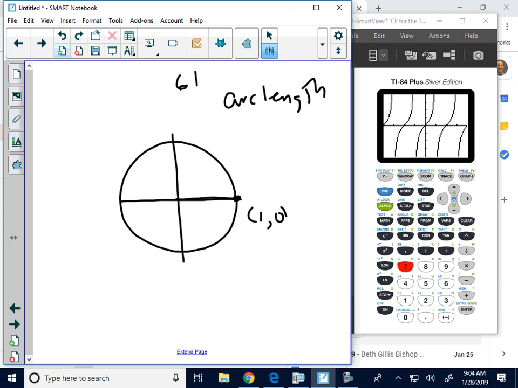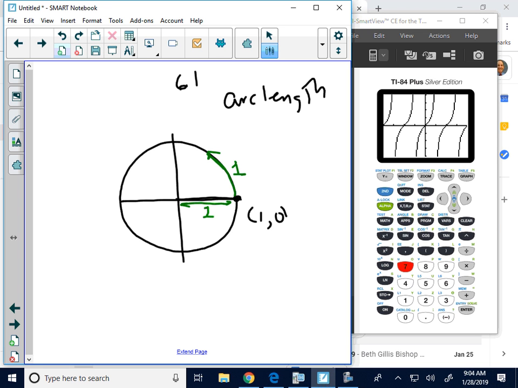This distance is exactly 1 unit. The radius of the circle is 1. If I were to take that same distance and run it along the circumference, so if I had a piece of thread, it would be easy. Imagine a piece of thread going from here to here and running along here. So this is also 1 unit.